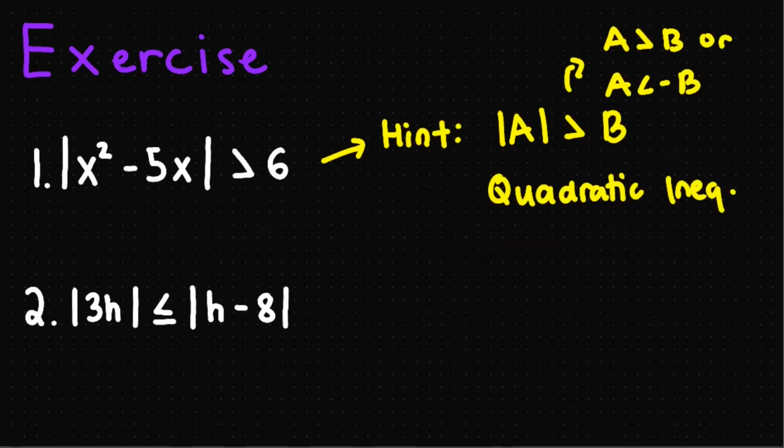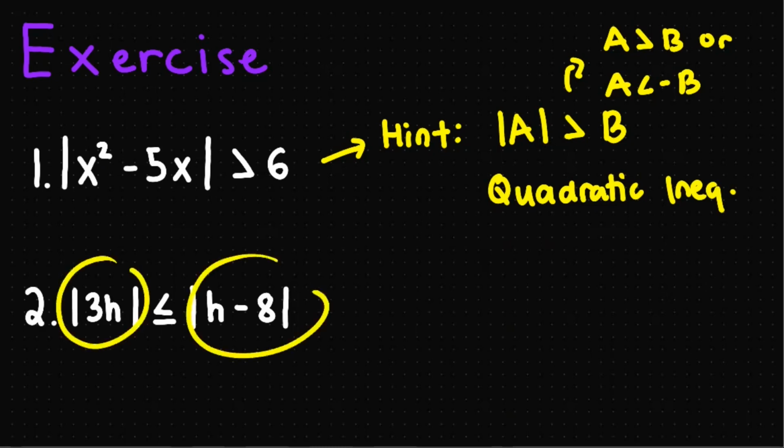And for the next example, we have here the absolute value of 3h is less than or equal to the absolute value of h minus 8. Now for this case, you might be wondering, since we didn't really have any case wherein the absolute values are both present.